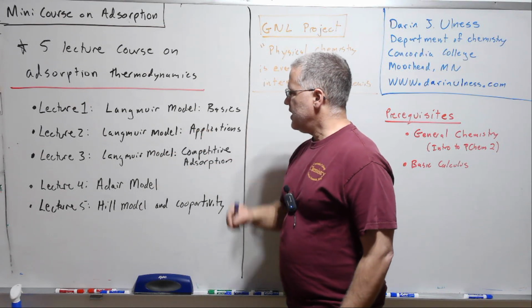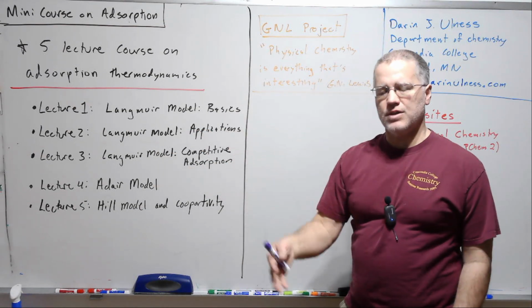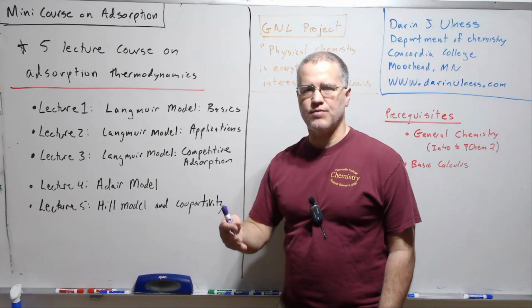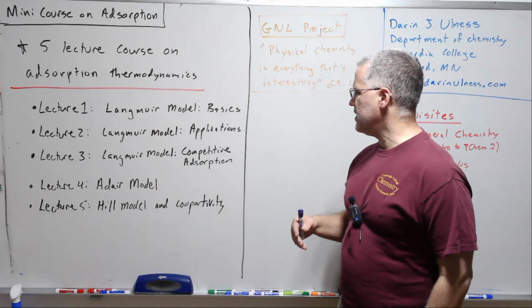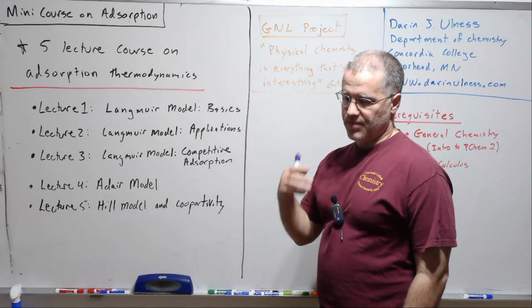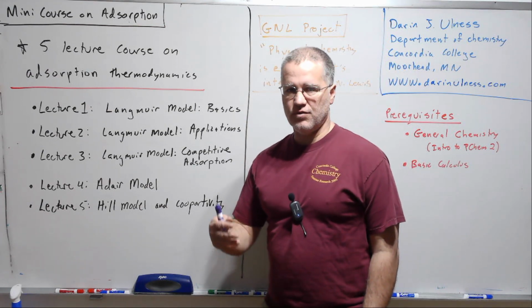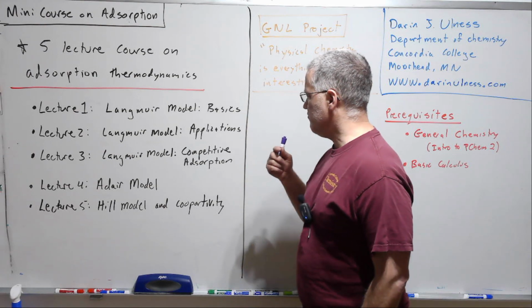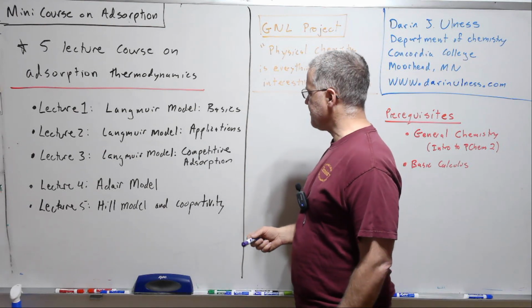Lecture 1 will cast this in terms of partial pressures of the binding. Lecture 2 will go into concentrations, so this might be more relevant for ligand binding in neuroscience or in biochemistry.